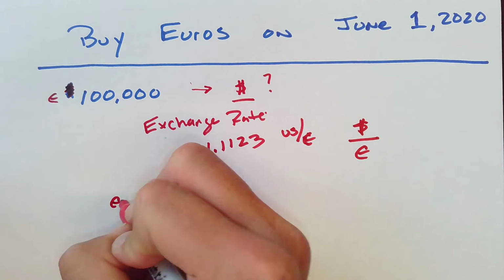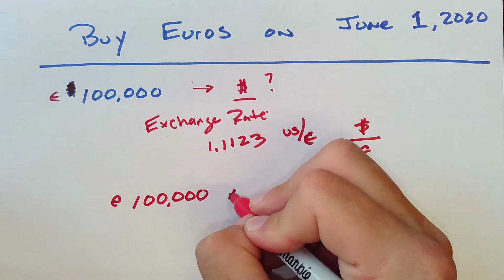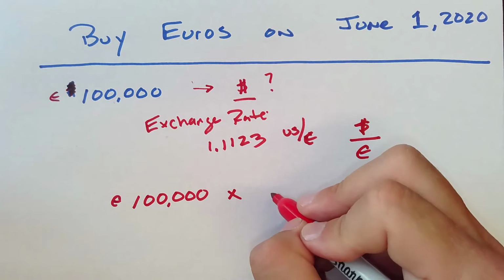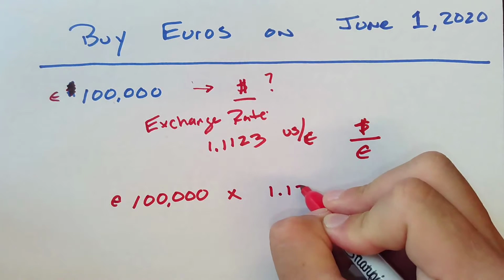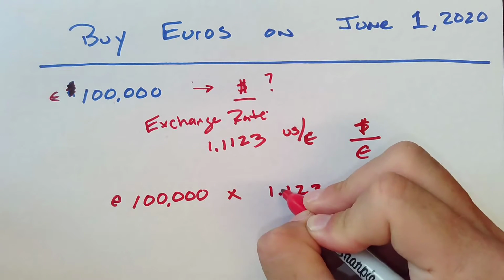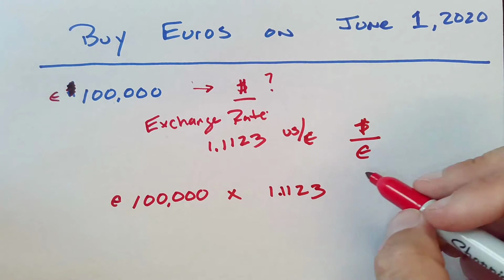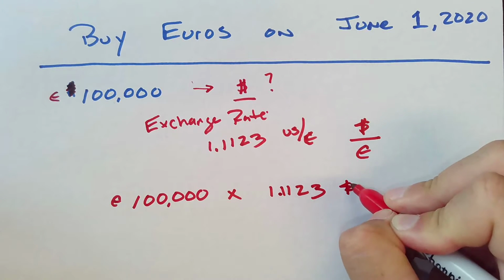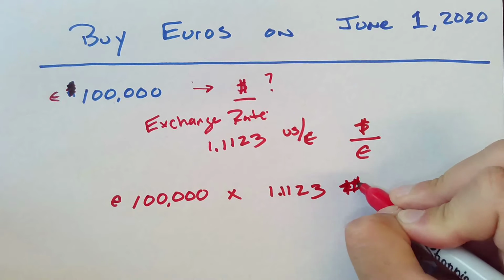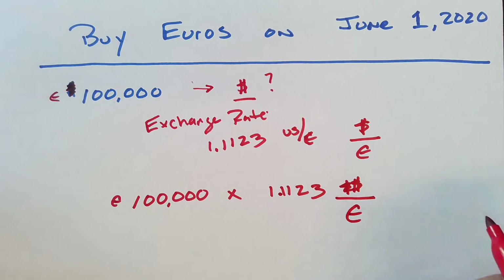100,000 euros times my 1.1123 dollars to euro.